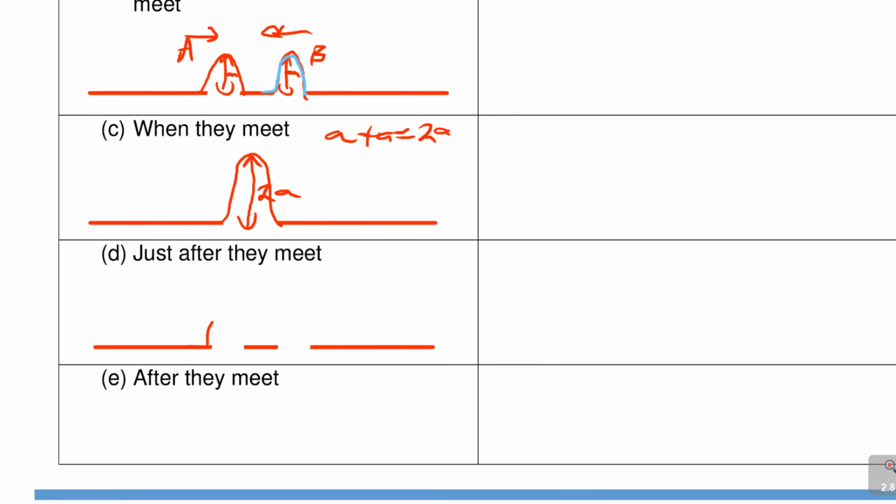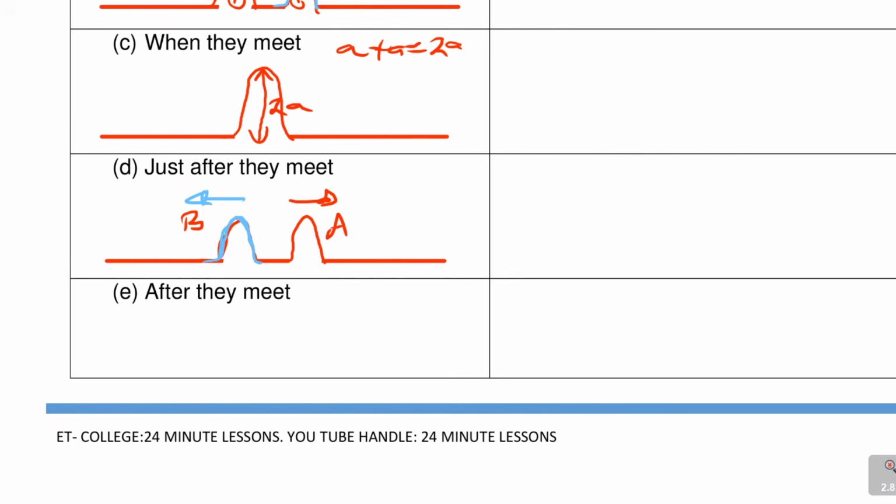But don't forget, my B is now on this side, because it was moving in this direction, and A is continuing in this direction. After a long time after they have met, you have a picture similar to the beginning: this pulse is there, this pulse is there. B is somewhere here now, and the other one is A.